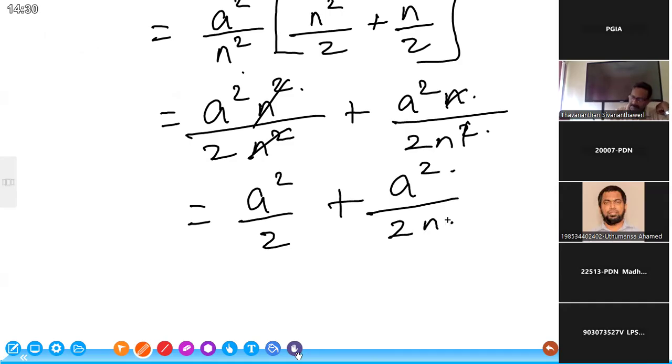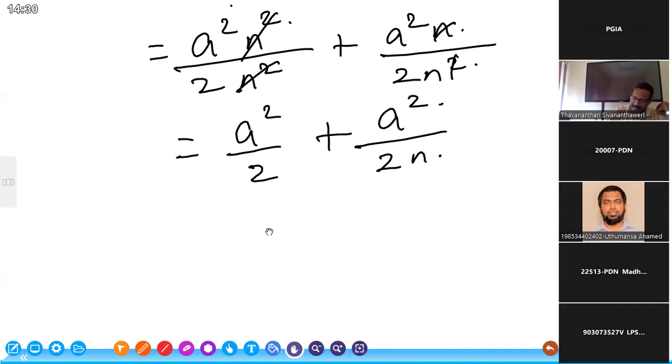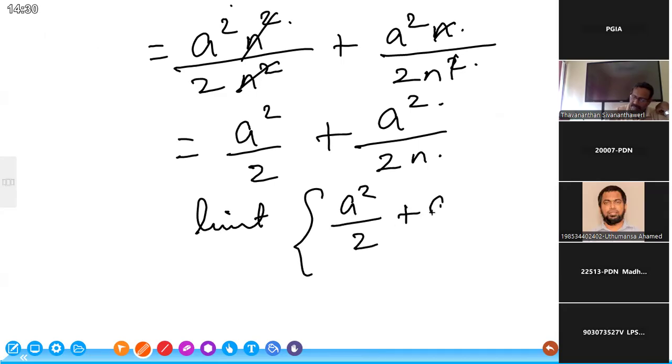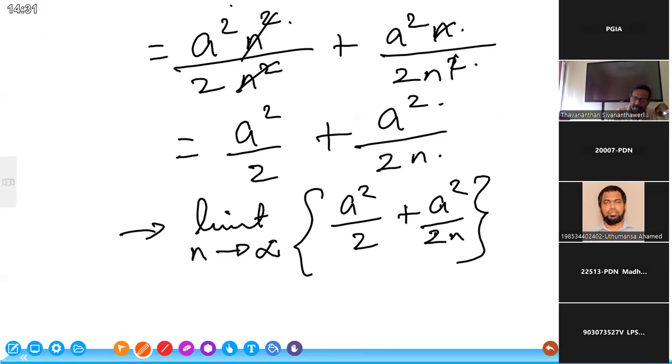Right? Now, when you apply the limit of this function, a square by 2 plus a square by 2n, when n reaches infinity. When n reaches infinity, what is the limit of this, anyone?